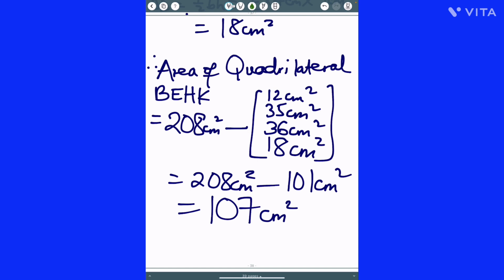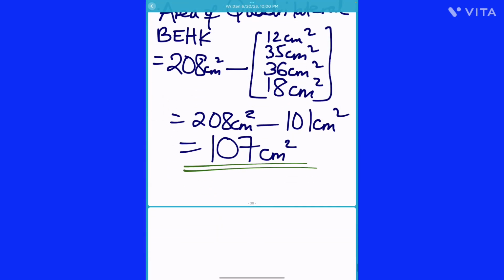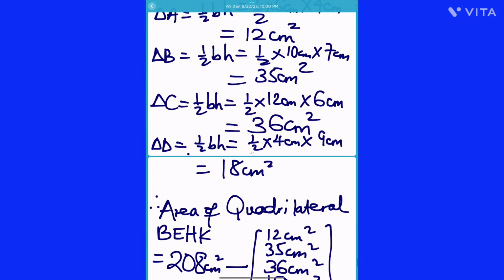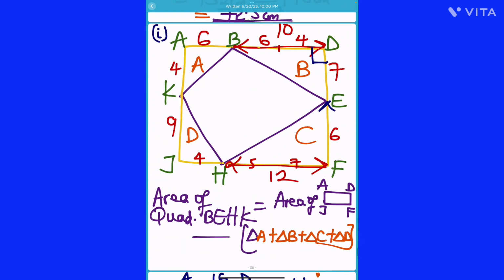So that's the area of the quadrilateral BEHK. Take note of how we use subtraction of areas to get the accurate answer for that question.